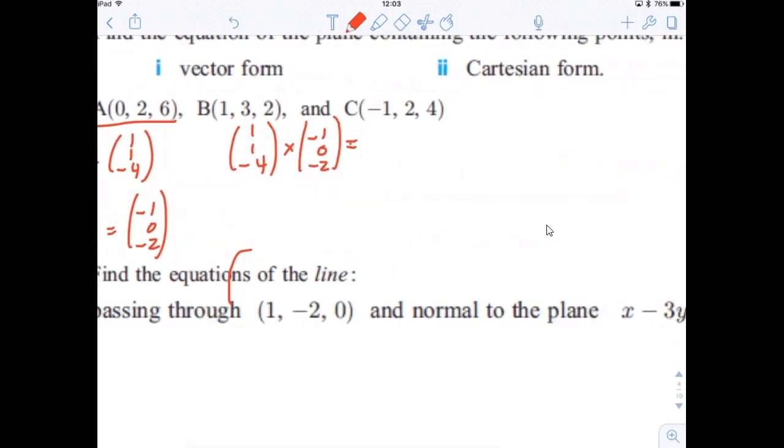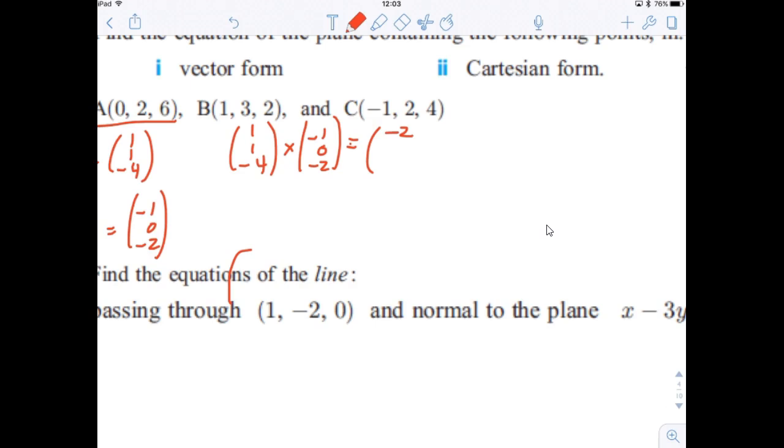The cross product of these two would be negative 2 minus 0, which would be negative 2. And the next one would be negative 2 minus 4, which would be negative 6.